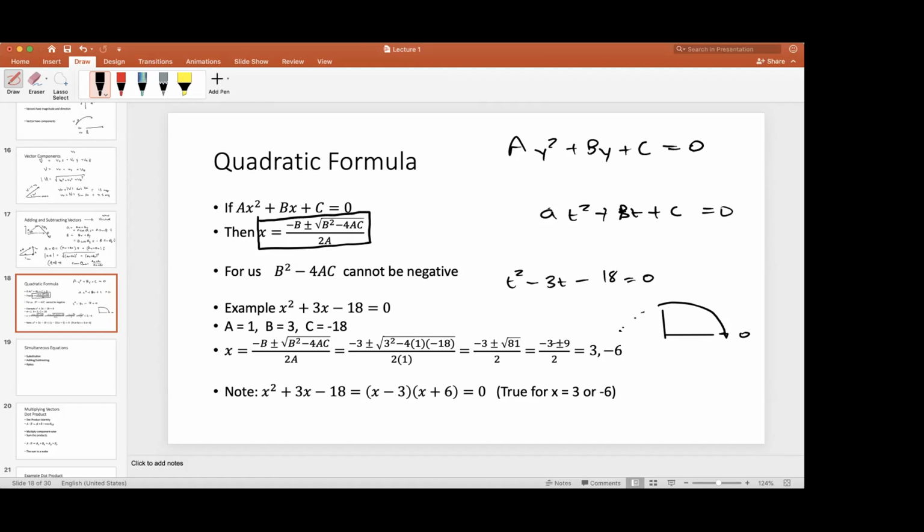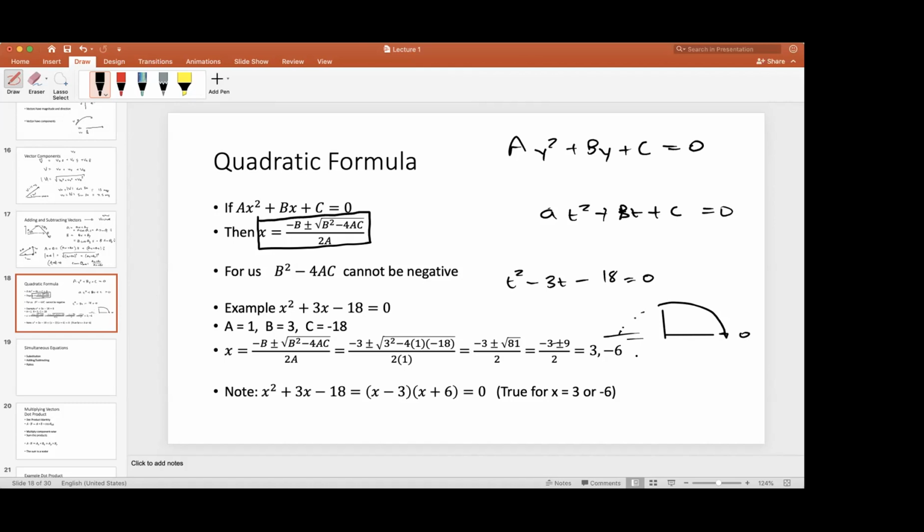You'll have a time earlier when it was at 0, and a time later when it was at 0. And that will give you a positive and a negative root of the quadratic. Choose the one that makes sense, if you can tell.